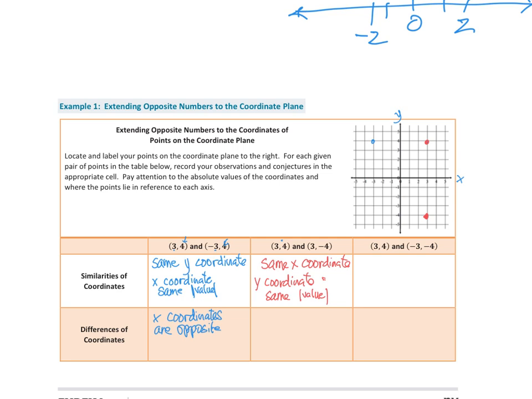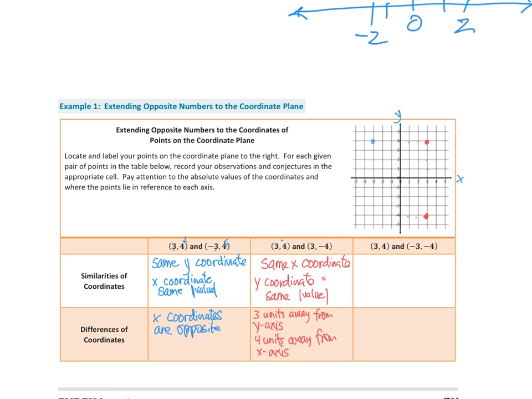Well, the differences are that they are both 3 units, 1, 2, 3, from the y-axis, and 4 units away from the x-axis. So 3 units away from the y-axis, I should put a line there, and then 4 units away from the x-axis. This is a little more writing than I thought we'd do.